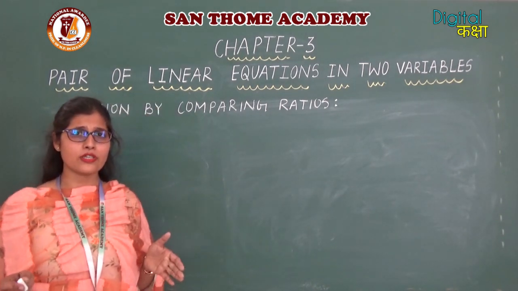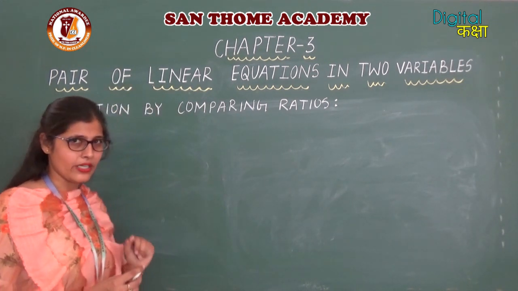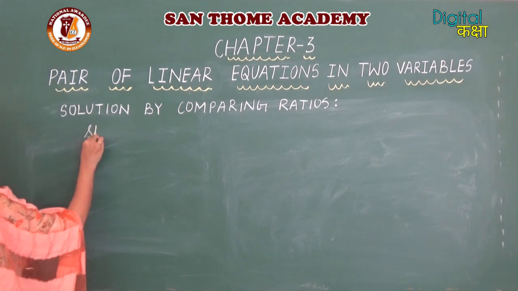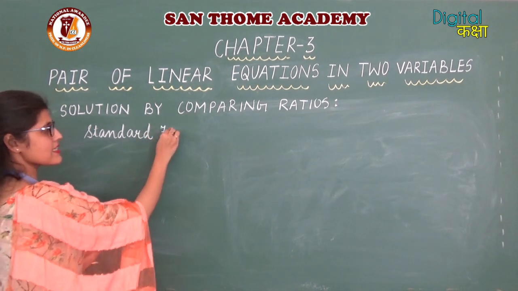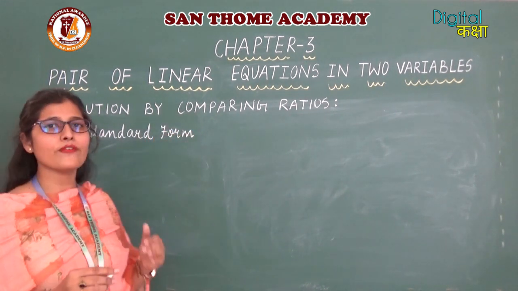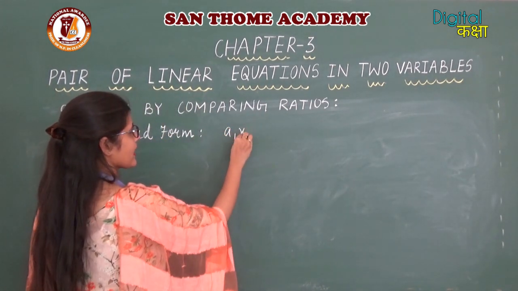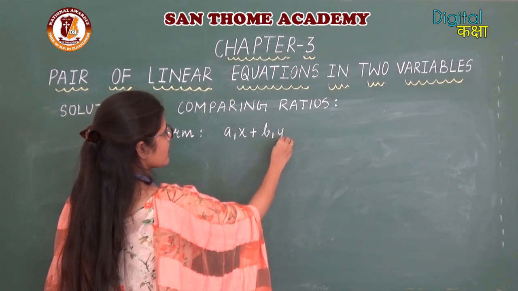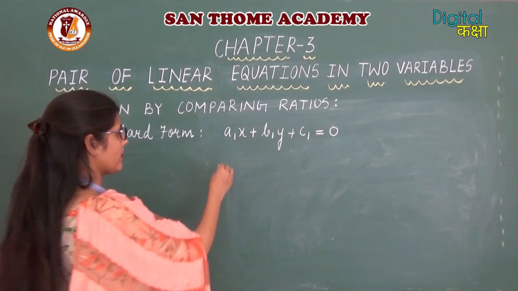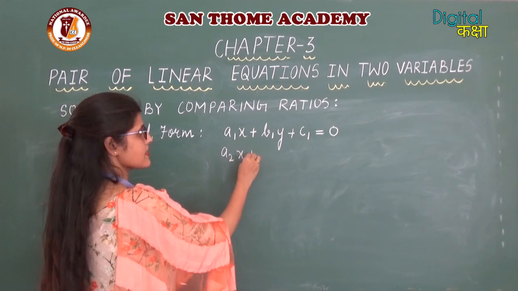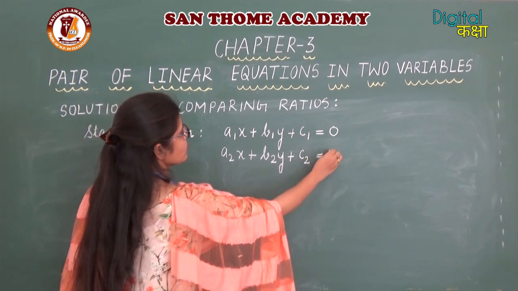Now for finding the solution by comparing the ratios, we need to write the standard form of two linear equations. Yes? So let us write the standard form. a1x plus b1y plus c1 equals 0, and the second will be a2x plus b2y plus c2 equals 0.